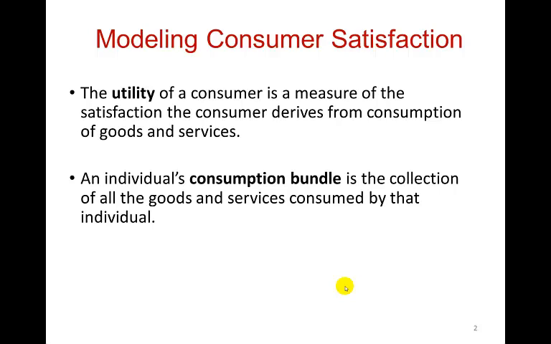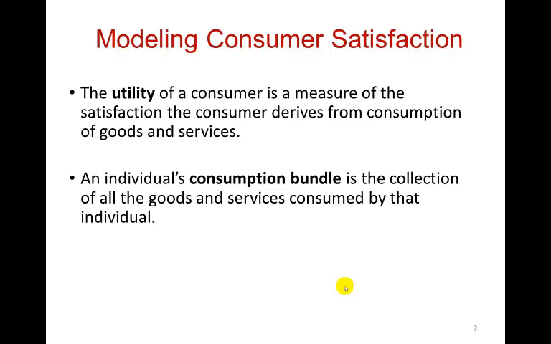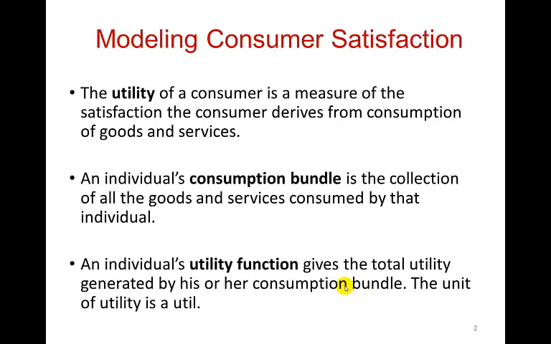A consumption bundle could be, if I buy 5 slices of pizza and 3 Pepsis, then my consumption bundle would be 5 slices of pizza and 3 Pepsis. Finally, a utility function is going to basically map a consumption bundle to a level of utility. So you could think about my consumption of 5 pizzas and 3 Pepsis leading to a certain level of utility.